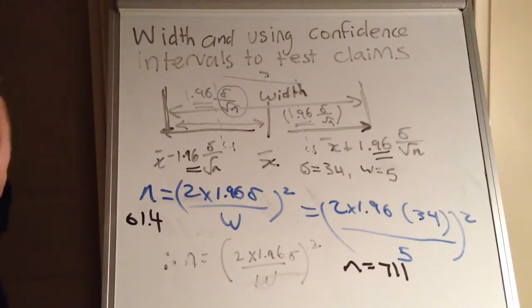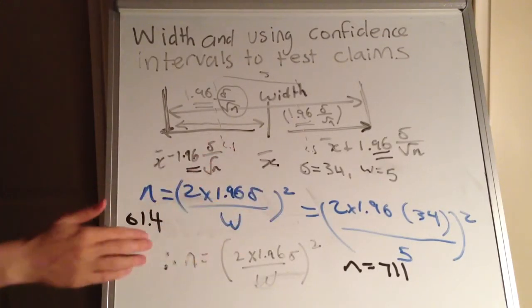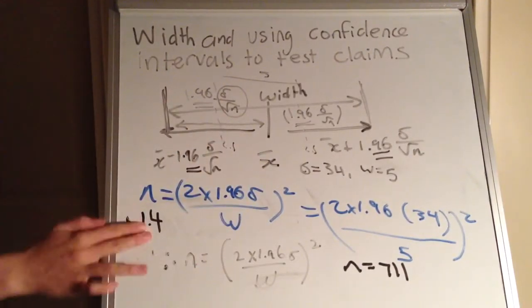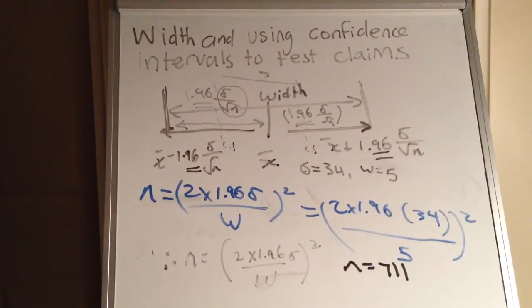We can't say 61, because we need to have more than 61.4. If we round it to 61, then our width is going to be greater than 5. So if we were to use this formula and get some value like that, we'd round up to 62. Again, that's what I've done with the 711 there. I've used appropriate rounding. So don't necessarily use common rounding rules, but use the logic of going to the next whole number, not the whole number that's necessarily the closest one. And that does take a little while to understand conceptually as well. But think about it as, okay, the width would not be 5 there.